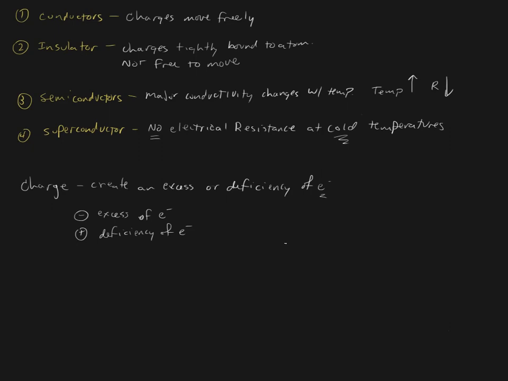Most materials, most objects in the universe are neutrally charged. And basically all that means is there's approximately the same number of protons and the same number of electrons in that material. Now it's never exactly the same. Just walking through the hallway, you might brush up against somebody who actually has a little bit of static built up on them, or maybe the wind is blowing and you're outside, but you're always very, very close to being neutrally charged.